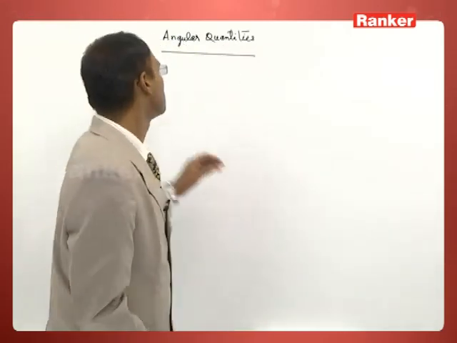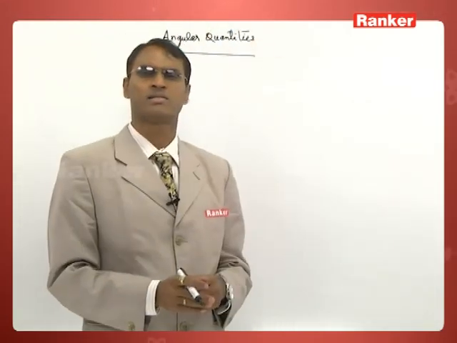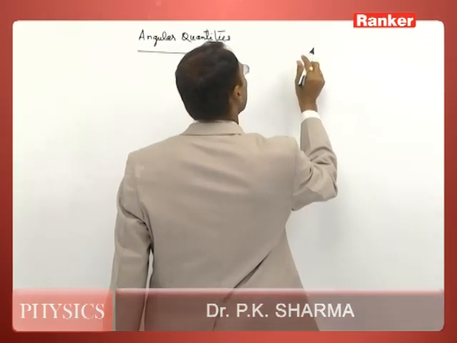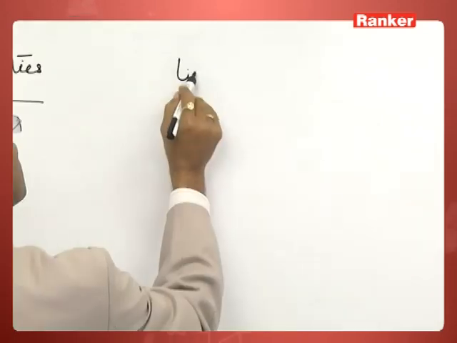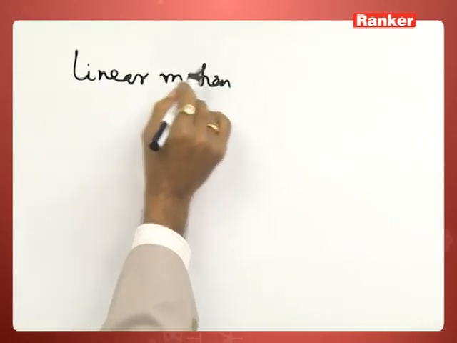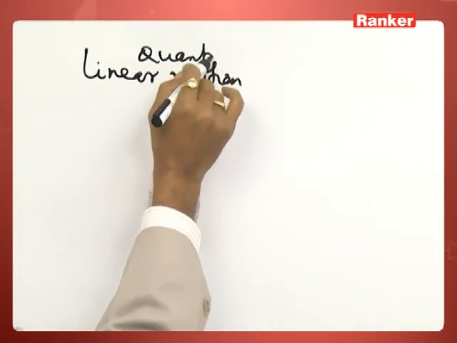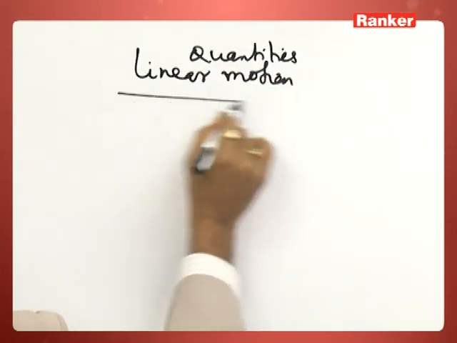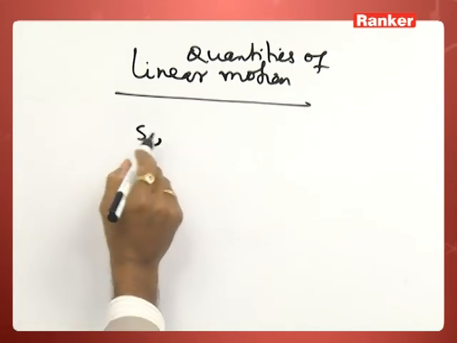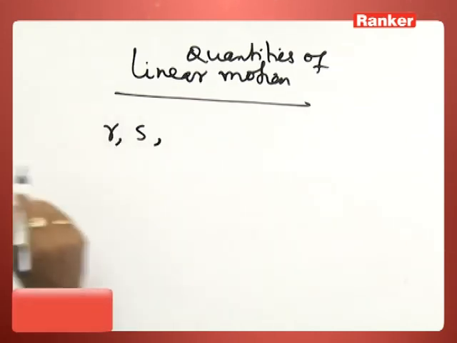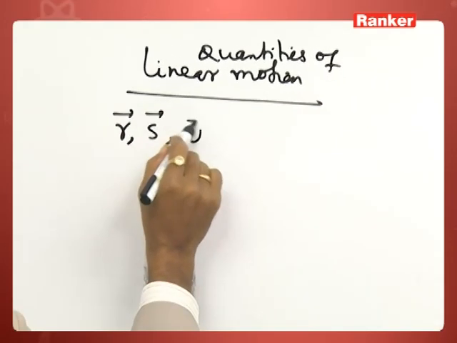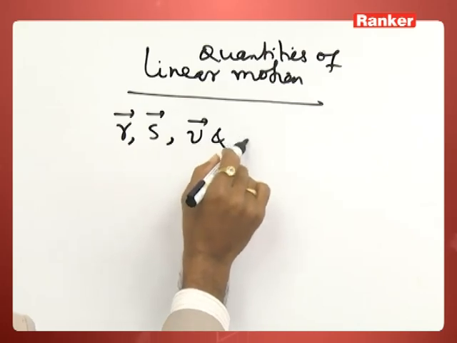The next context is the angular quantities. In particle mechanics, you dealt with quantities of linear motion, like linear position, linear displacement, linear velocity, and linear acceleration.